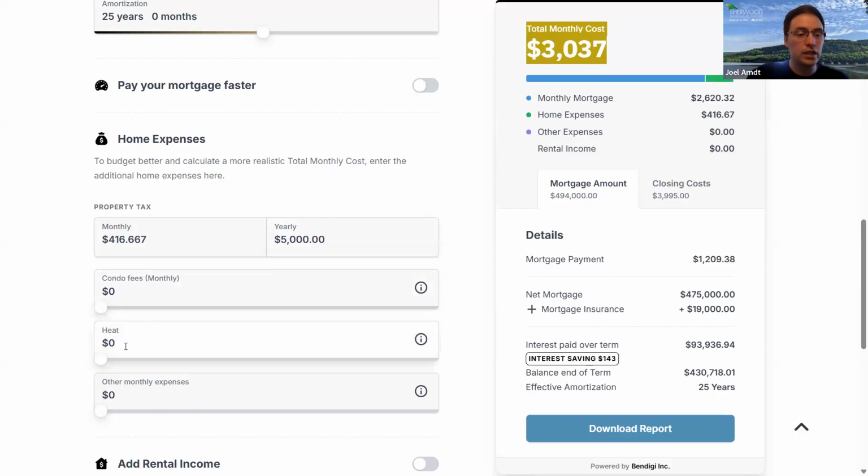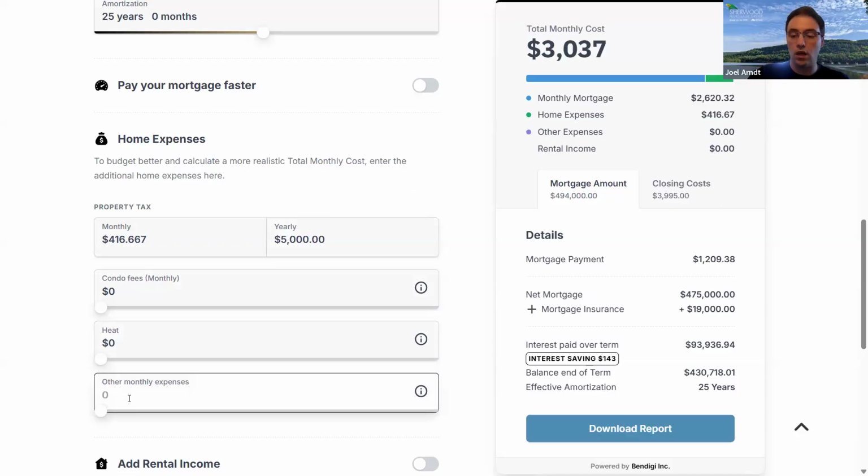I would also suggest throwing in maybe $100 a month for insurance and $100 a month for heat and hydro. When I calculate your mortgage, when I'm running your debt to income ratio, I have to calculate the property taxes and the heat. That $100 for heat is an industry standard.